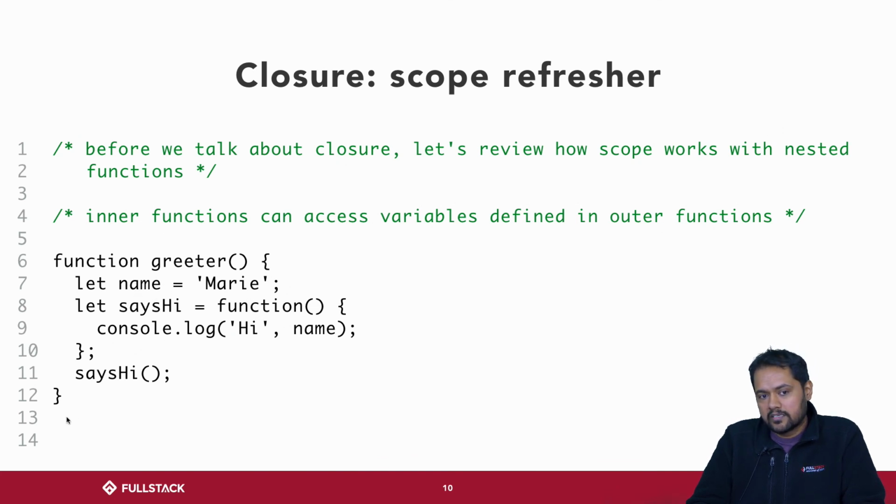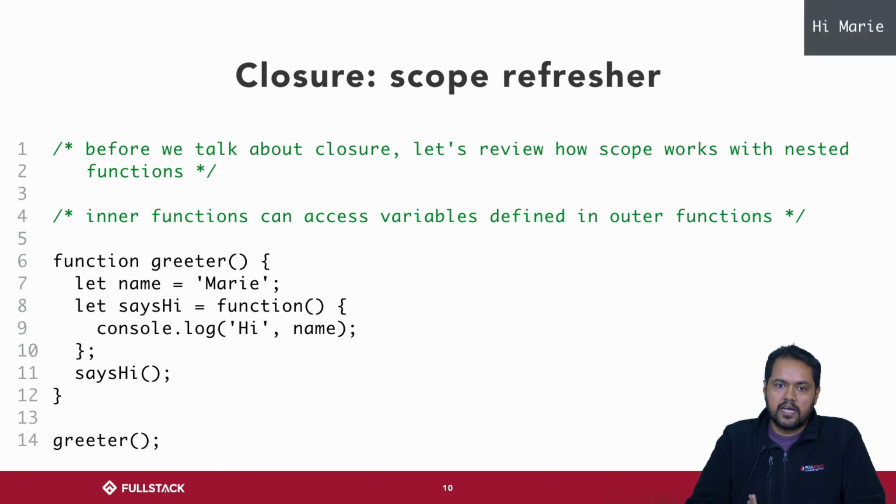Now, if we had tried to use name down here, it wouldn't work because name is defined in this function's scope. It wouldn't be available in the higher scope, but it would be available inside. If you make another function inside, it will be available in that scope. And so if we call greeter, we should be seeing hi Marie, which we do, because name is available.